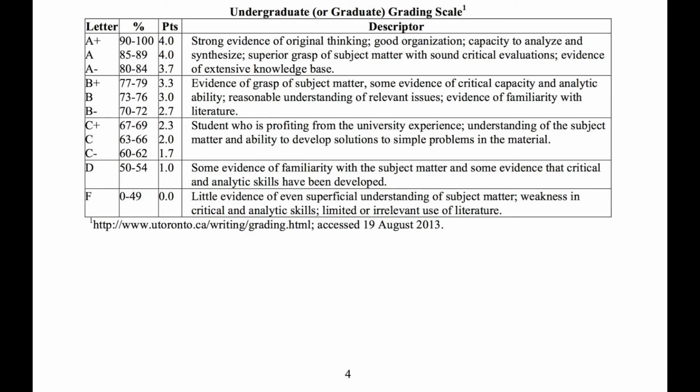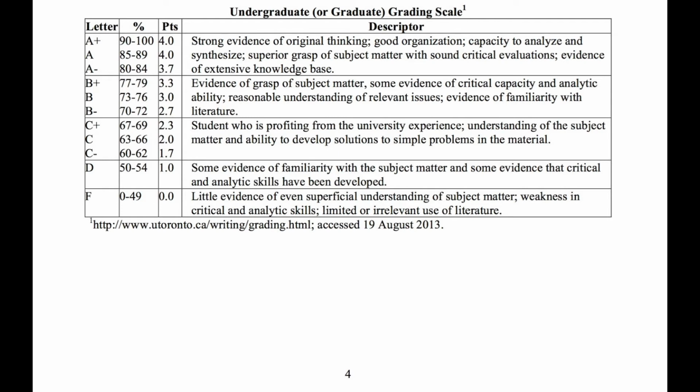Here's the undergraduate or graduate grading scale. An A- to an A+ ranges between 80 to 100%. Here, I find strong evidence of original thinking, good organization, capacity to analyze and synthesize, a superior grasp of the subject matter with sound critical evaluations, and evidence of a strong and extensive knowledge base.